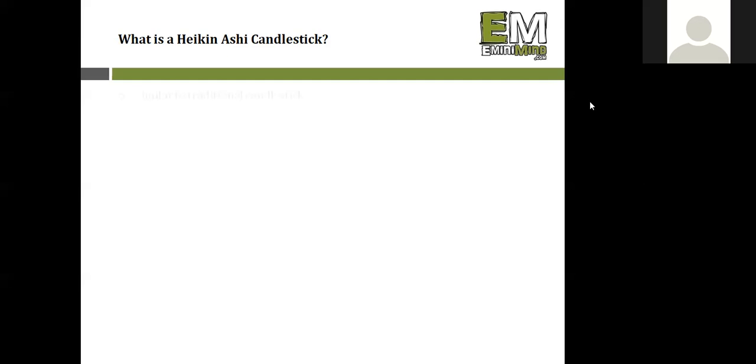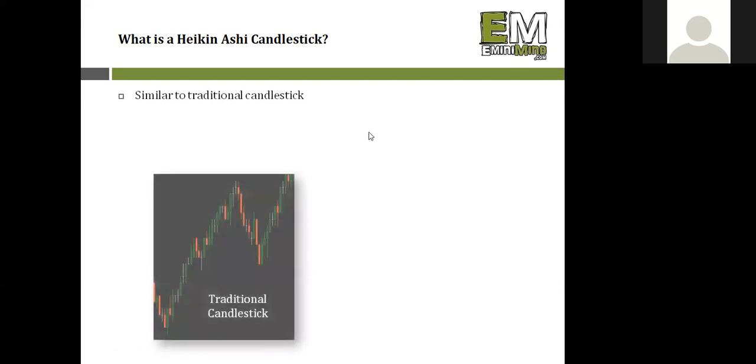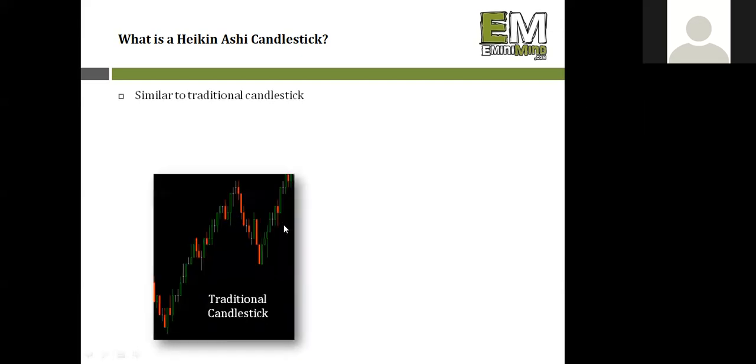So a traditional candlestick has an open, high, low, close. With the Heikin, and so that's what this is here on the left, we'll compare that to what the Heikin looks like. So open, high, low, close, whether you have colored bars or black and white bars, filled, unfilled, it doesn't really matter.